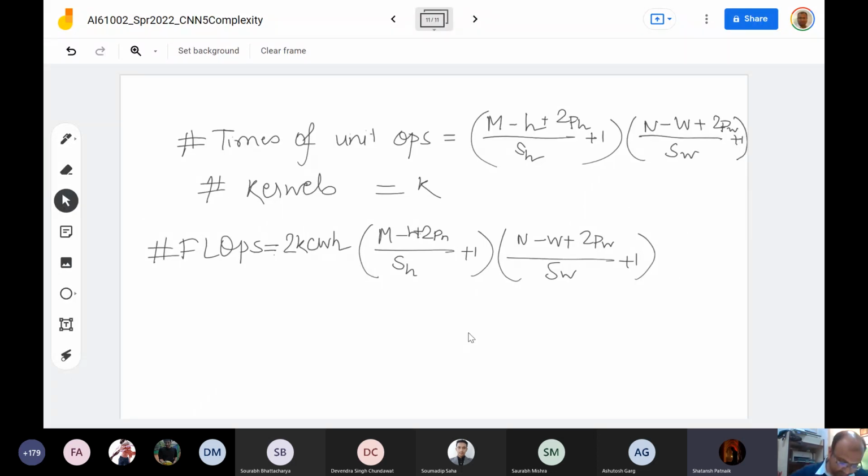Okay, so this will define what will be my number of flops for a convolution layer.